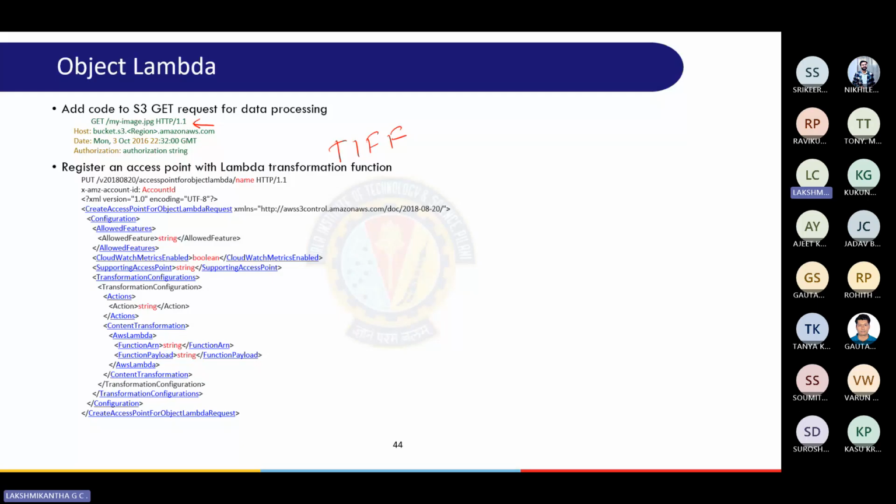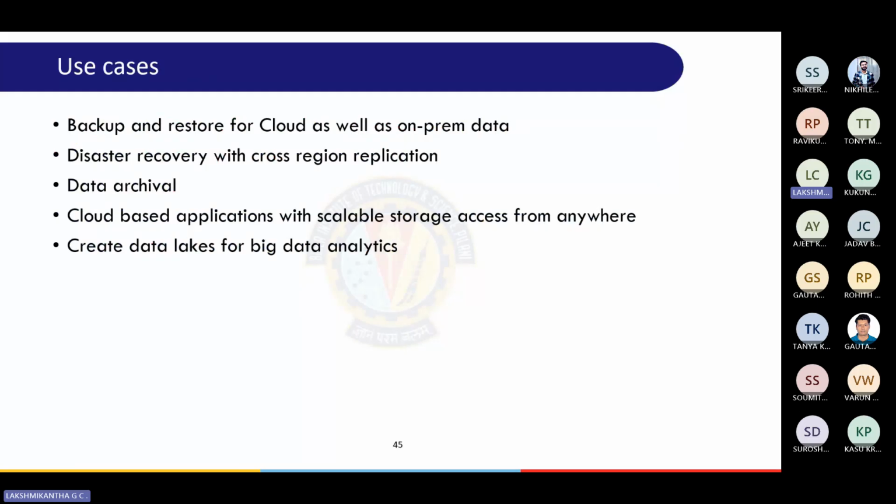Now let us look at the use cases. We have plenty of use cases here. So why is S3 so important for big data? Guys, it is the foundation for a multitude of use cases. The very first one is backup and restore.